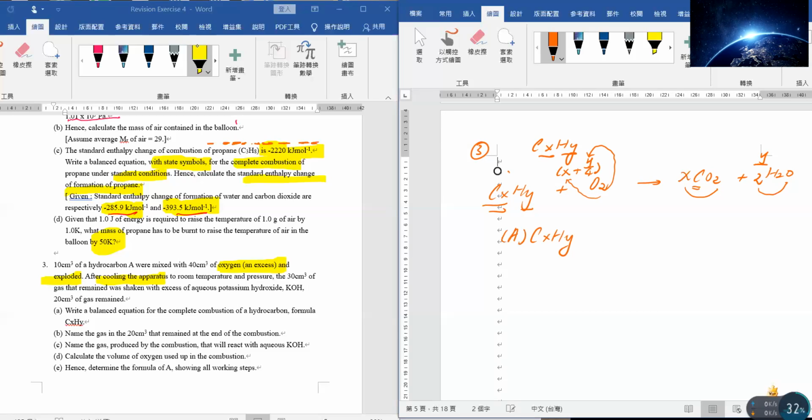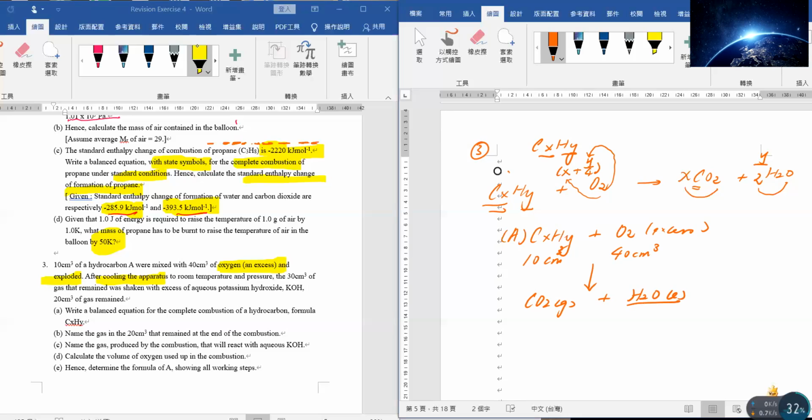Right now, you have this hydrocarbon A, right? Then you burn it in oxygen in excess, okay? So you have 10 cm cube, 40 cm cube. Now you need to know the flow of what you're doing. Then it comes out with carbon dioxide and water, but since it's cooled down, the water comes out as liquid water, okay?